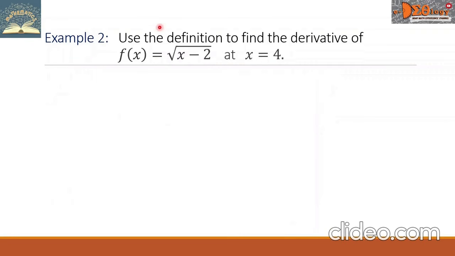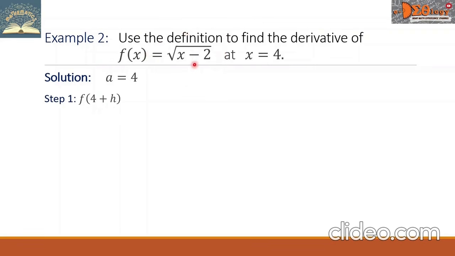Example 2. Use the definition to find the derivative of f of x equals the square root of the quantity x minus 2 at x equals 4. Note that the value of a here is 4. So for step 1, we need to evaluate f of 4 plus h.